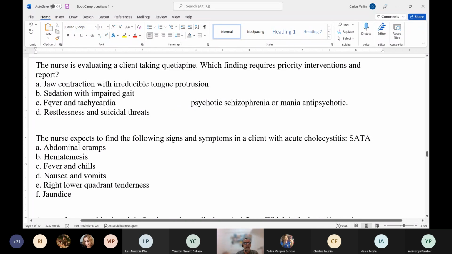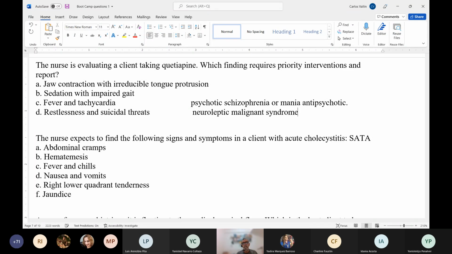The problem here is that these antipsychotic medications, while not necessarily producing suicidal ideation, produce something called neuroleptic malignant syndrome, and it's the highest emergency in antipsychotic medication, because the patient can die quickly.